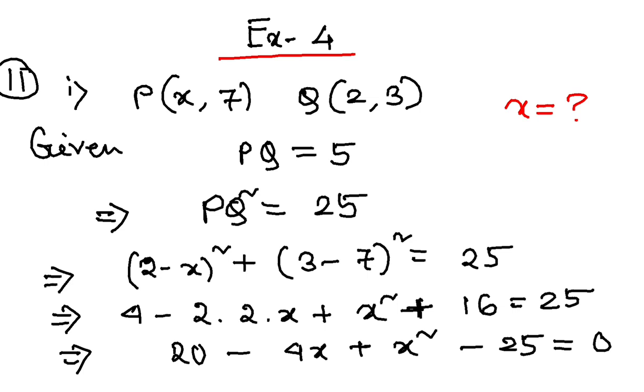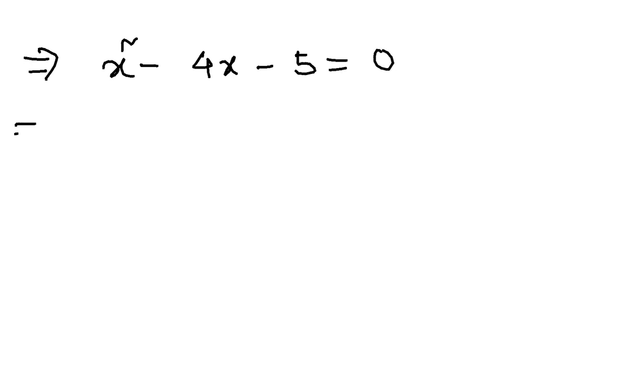Isn't it? So this shall give us a quadratic equation now: x squared minus 4x minus 5 equal to 0. Now, middle term factorization. So the factors will be 5 and minus 1, into (x minus 5). We have done middle term factorization in high school already.